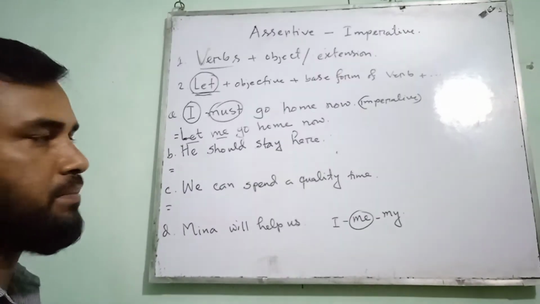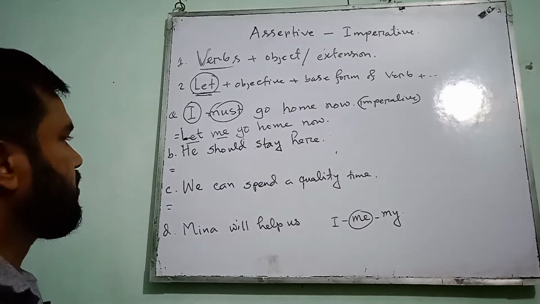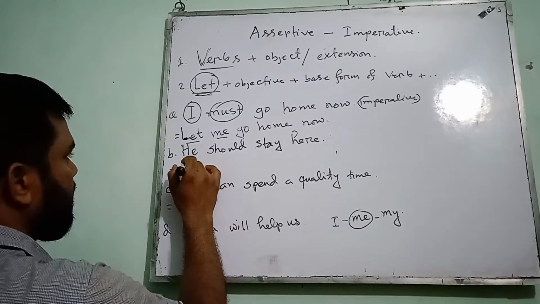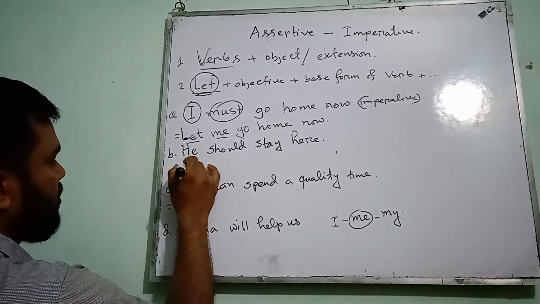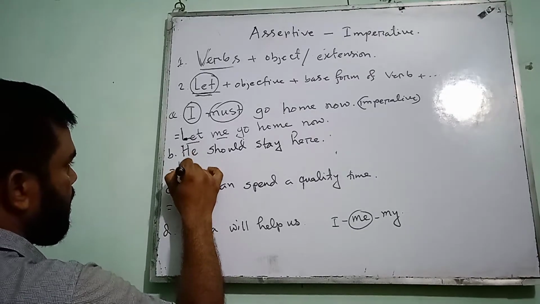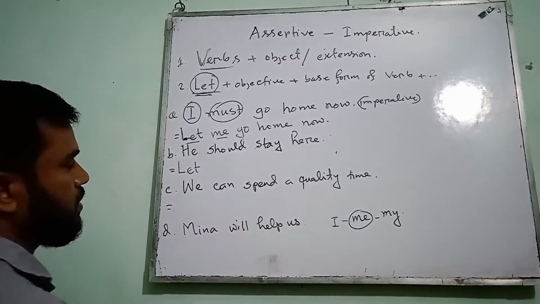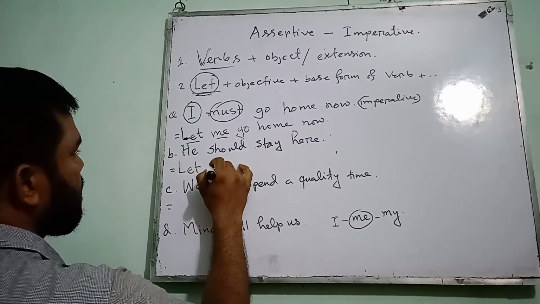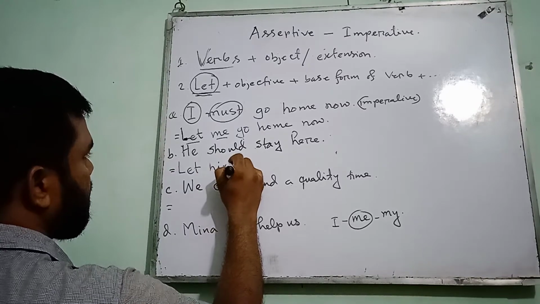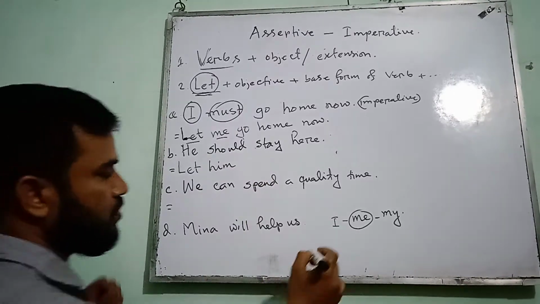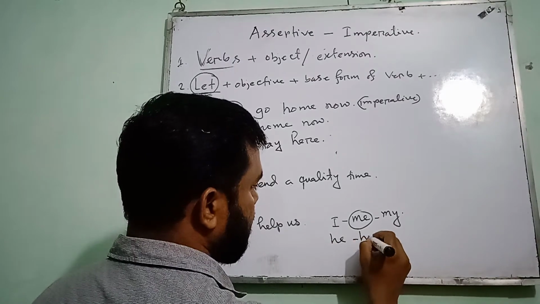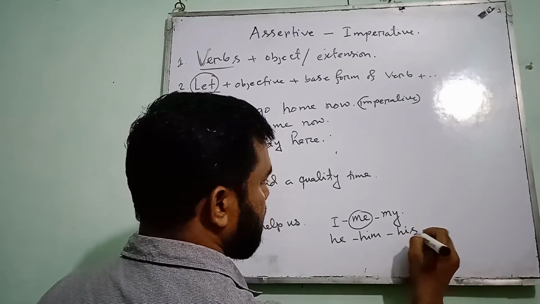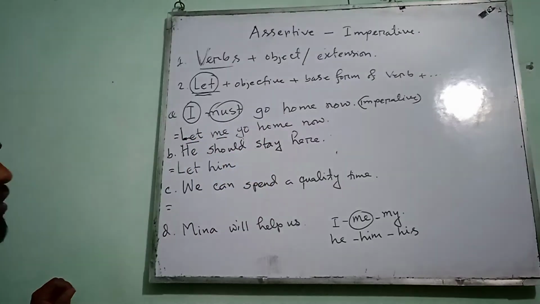So this is our imperative sentence, and I think it is very easy to make the assertive sentence into an imperative one. Here we can also see that the sentence begins with "he", so I have to use the second structure: let him. We know he is the subjective form, him is the objective form, and his is the possessive form.